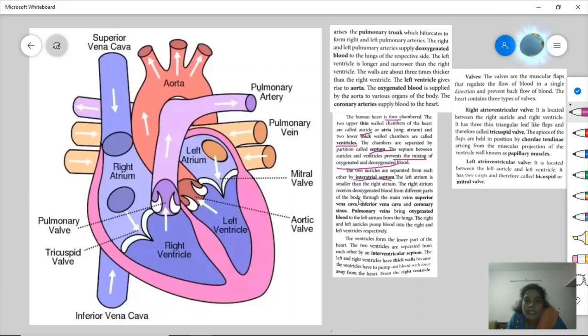The right atrium receives deoxygenated blood from different parts of the body through the main veins: the superior vena cava, inferior vena cava and coronary sinus.